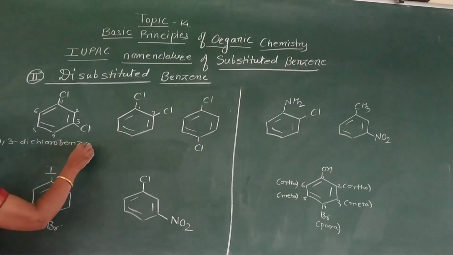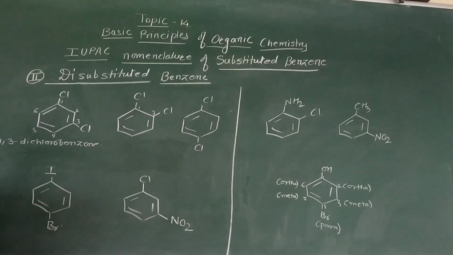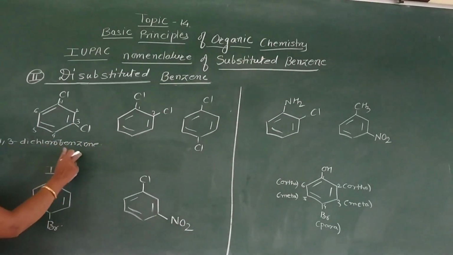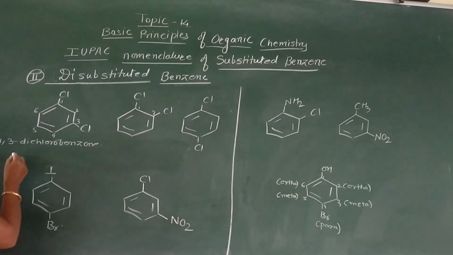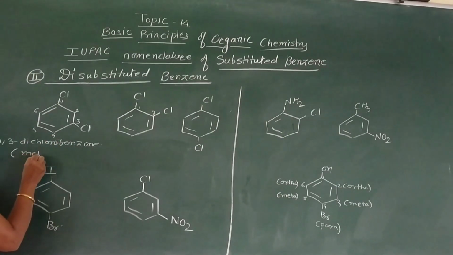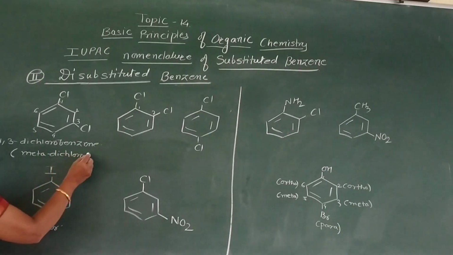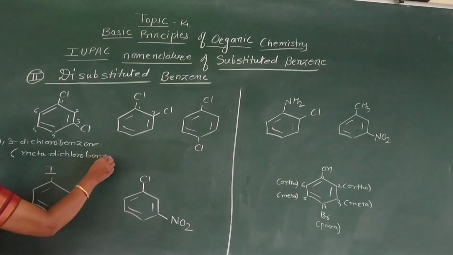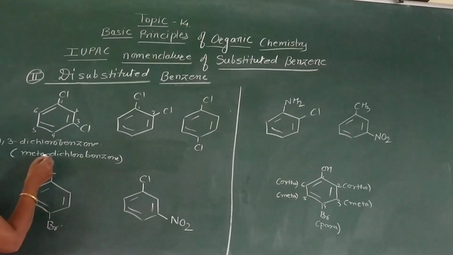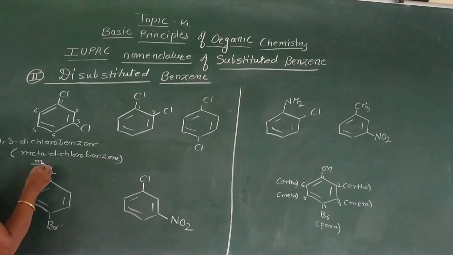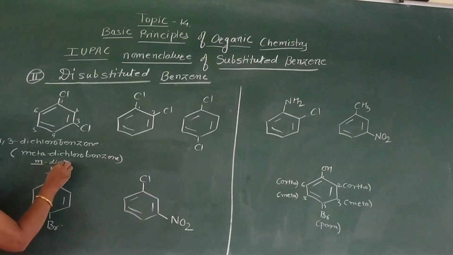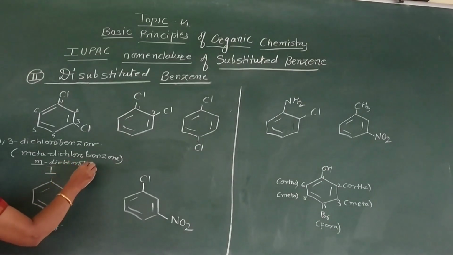That is, at 1 and 3 position there are 2 chlorines, therefore it becomes 1,3 dichlorobenzene. But the common name or trivial name of this compound is meta dichlorobenzene. Now here for meta you can also write m-dichlorobenzene, that is meta dichlorobenzene.